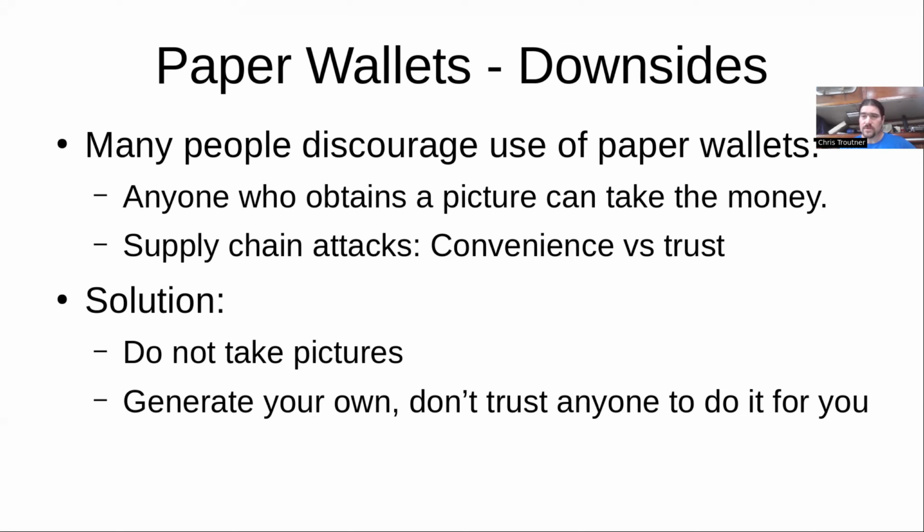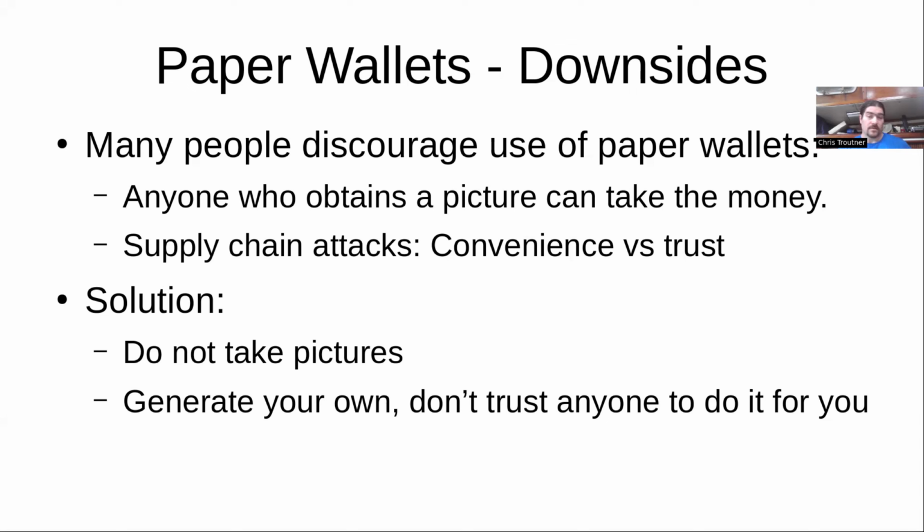And that includes if you take a picture with your phone and then some government agency determines that they want to take your assets, they might be able to get to that photo somehow. So you never want to email or text message a private key, and just don't take pictures at all. That's a really important thing to tell people if you give them a private key.